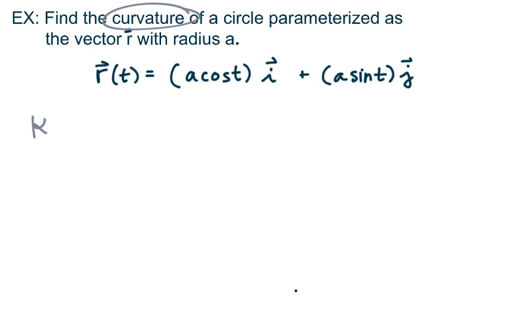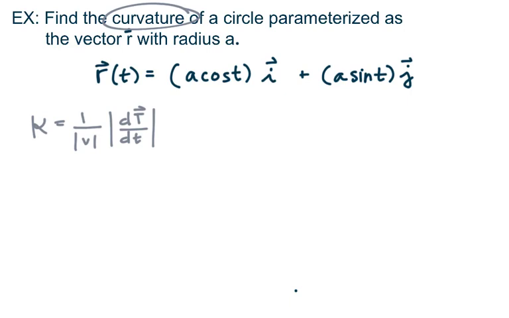Curvature is defined as kappa equals 1 over the magnitude of the velocity times the magnitude of the derivative of the tangent unit vector with respect to t. All right, so we need velocity and we need the tangent unit vector.